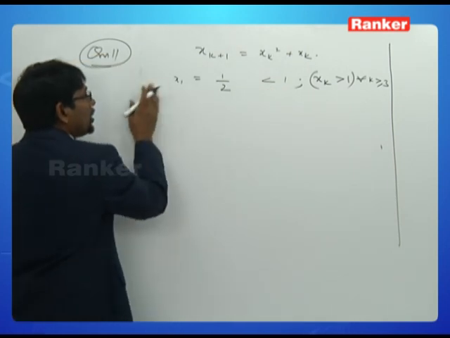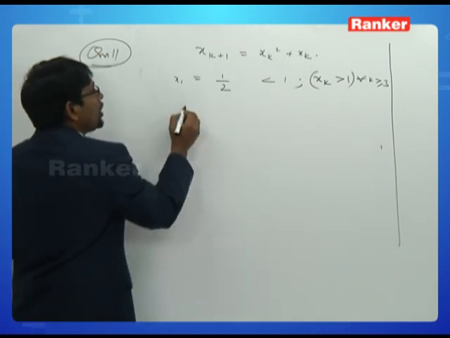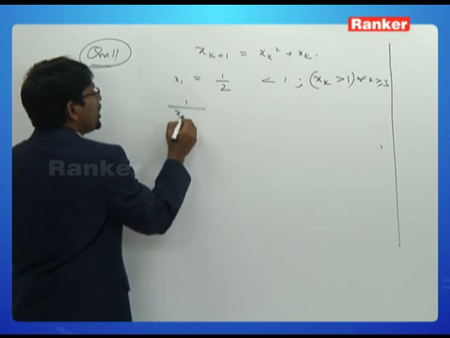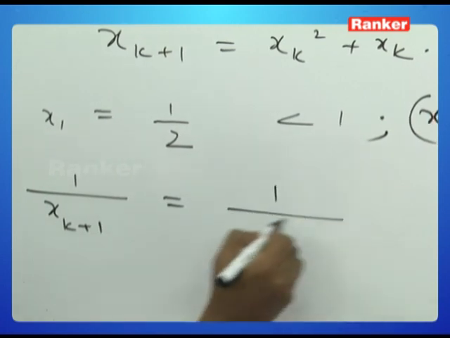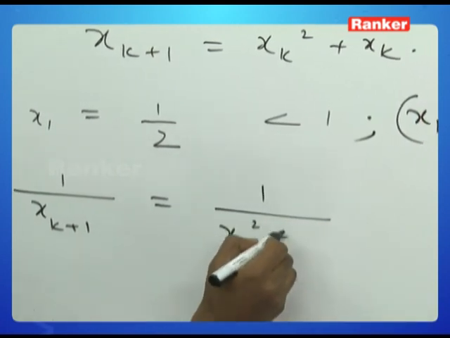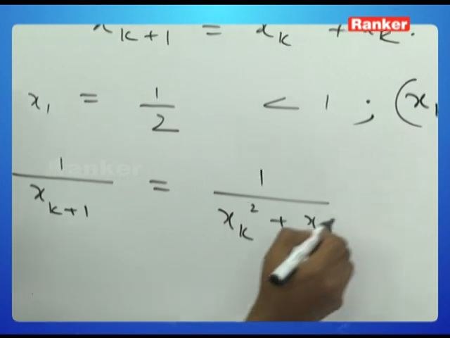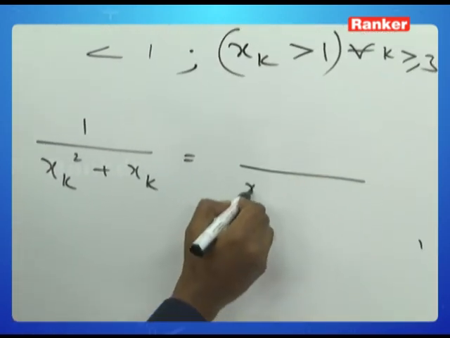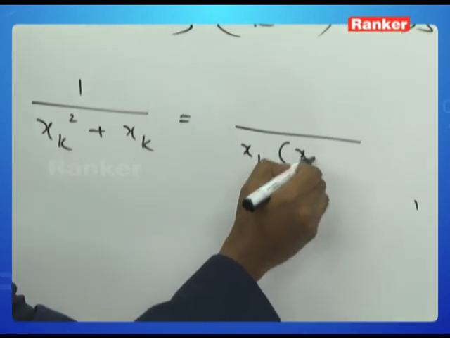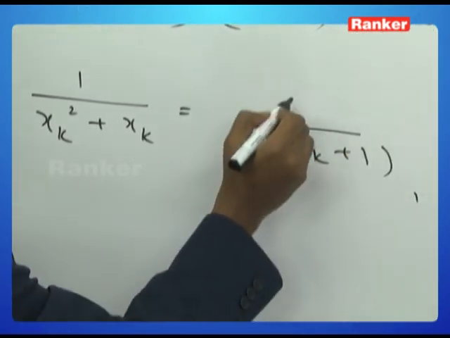Okay. Now let's continue with this. Let us go for 1 upon xk plus 1. What is that going to be? 1 upon xk square plus xk. We can take out xk common and we can write this as xk into xk plus 1.